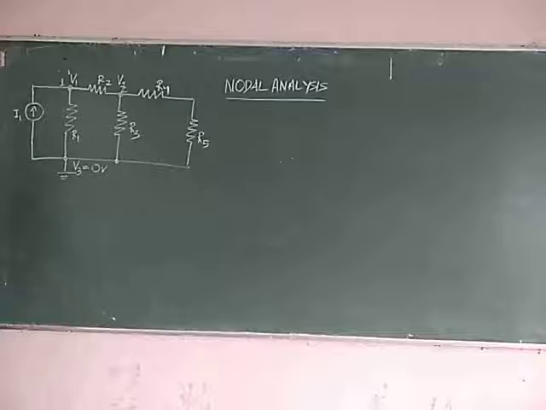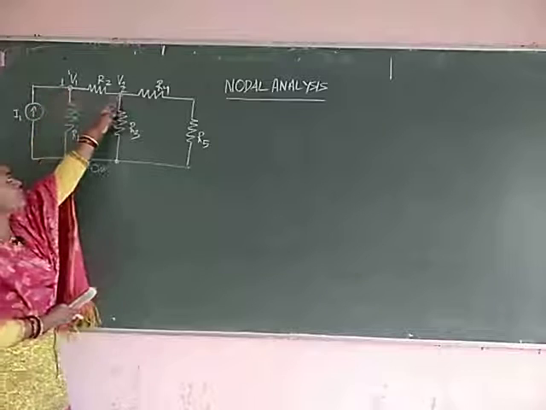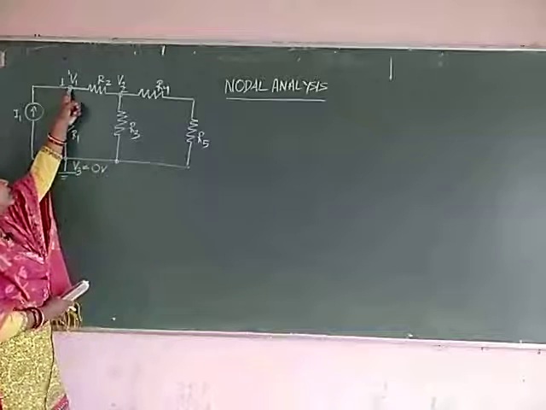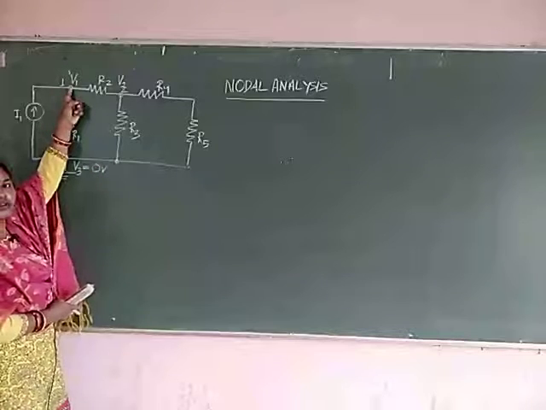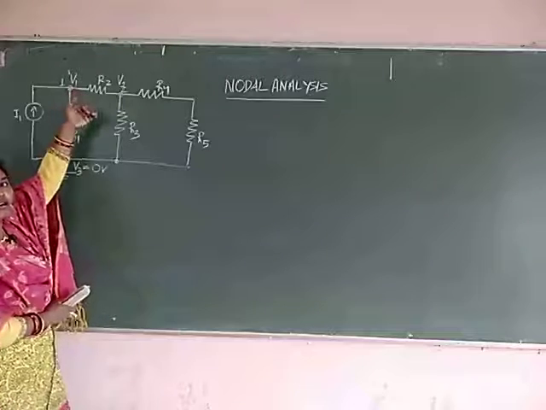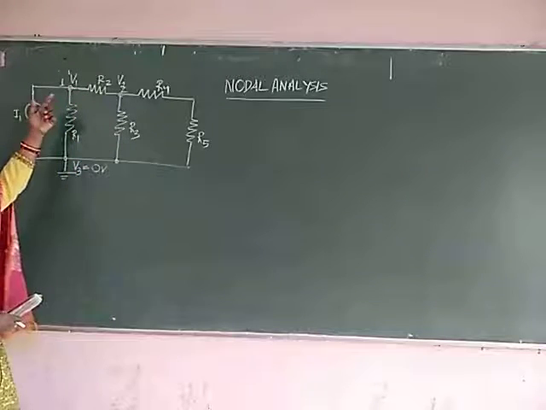Then if I write KCL equation for node 1, node 1 and node 2 are the non-reference nodes. When you write KCL equation for node 1, you assume V1 is greater, means currents are all outgoing from node 1.